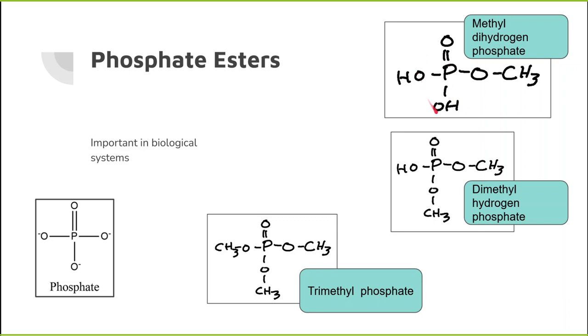So the phosphate is the P and the O's. The dihydrogen is I've got a hydrogen on this oxygen, a hydrogen on this oxygen, but there's a methyl group on this oxygen. So this gets called methyl dihydrogen phosphate. If you've substituted two of the hydrogens, then this becomes dimethyl hydrogen phosphate. And if you substitute all three of them, then this would become trimethyl phosphate.